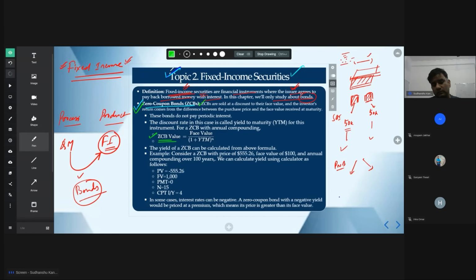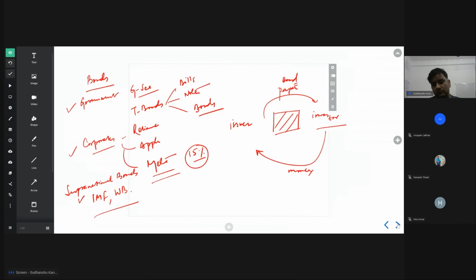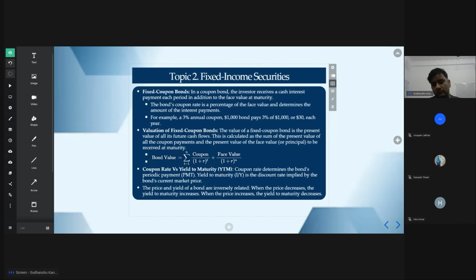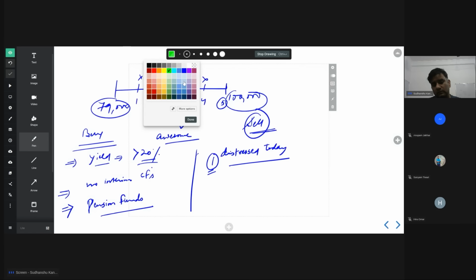The logic here is that zero coupon bonds are actually used a lot when we are trying to understand the pricing and valuation of bonds. Why is it used a lot? Zero coupon bond only has one thing to look for.